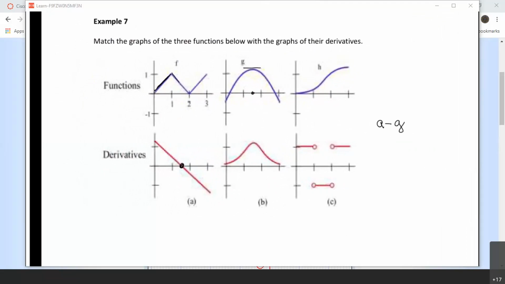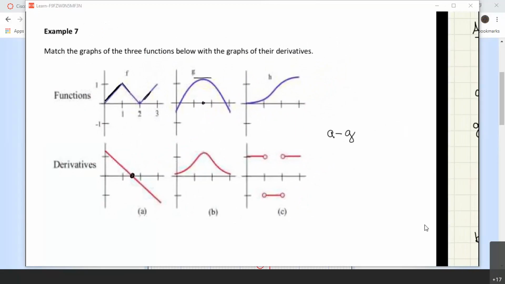So it goes from being a positive constant right here to a negative constant when it flips over this cusp. Positive constant, whoop, negative constant, with a discontinuity right at the cusp. And then it flips to being a positive constant again. So yes, I agree that F and C match.